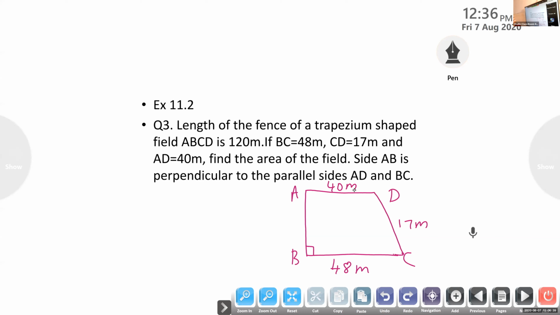Find the area of the field if side AB is perpendicular to the parallel sides AD and BC. So we need to find the area. For finding area, parallel sides are given, perpendicular distance is not given. AB is the perpendicular distance between AD and BC. AD and BC are the parallel sides.